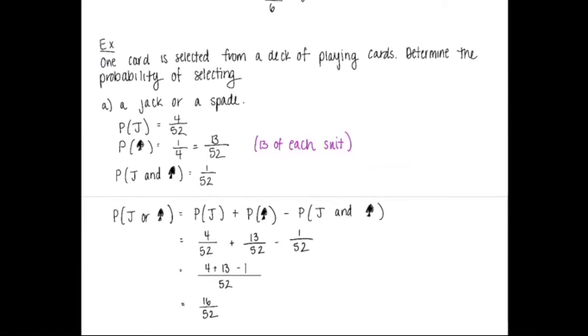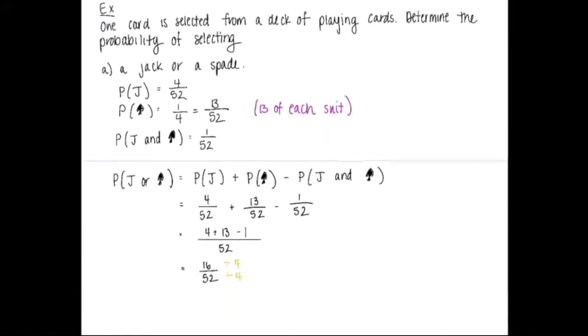And if you want to condense, you can. Top and bottom are both divisible by 4. So the simplest form is a 4 in 13 chance. But if you didn't simplify, that's okay. Does this make sense so far?